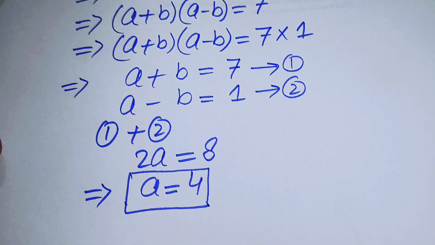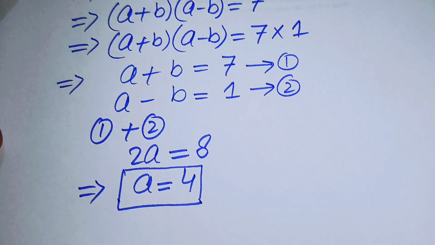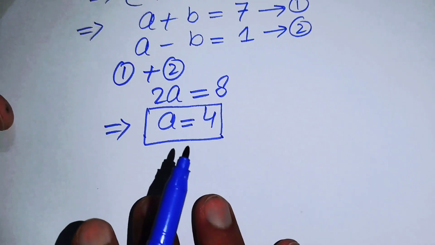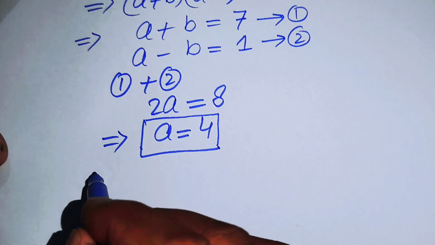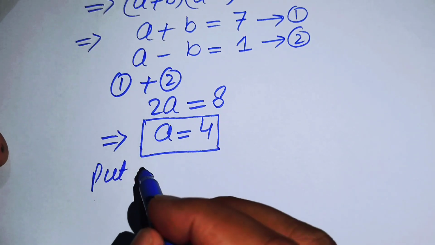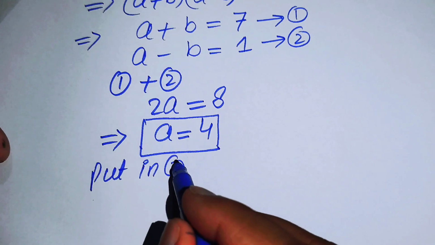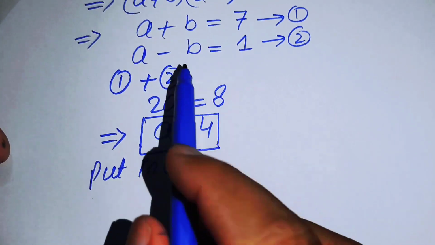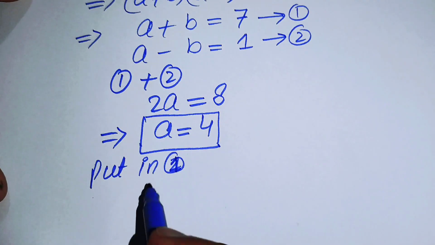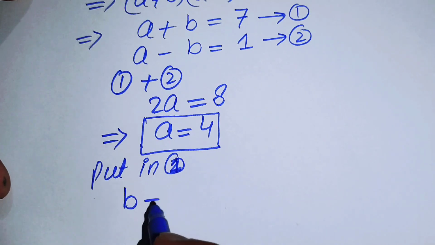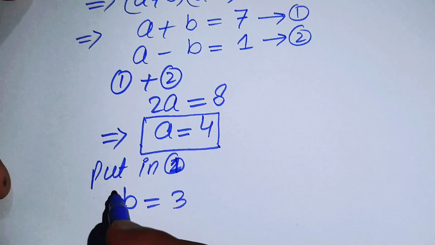So the value of a becomes 4, and now we can put this value of a in equation 2 or equation 1. I can just put it in equation 1 here, and you get the value of b is equal to 3.